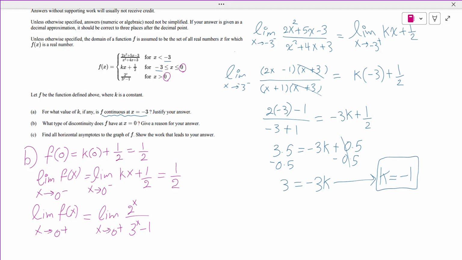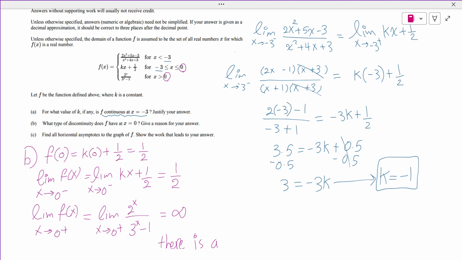So this is equivalent to what? Infinity, right? This is infinity. Infinity, that means there is, what do we call it?